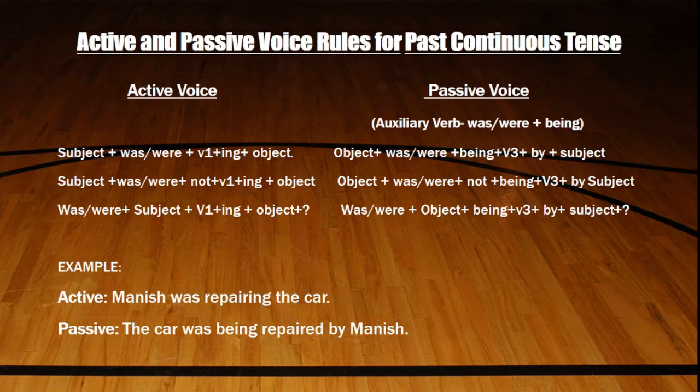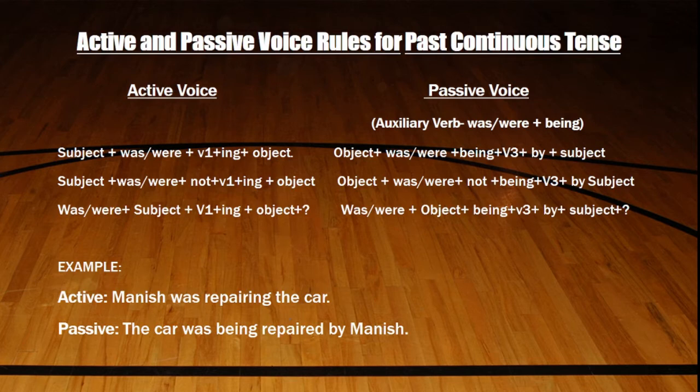In the case of the interrogative sentence for active voice, it becomes like was plus subject with the first verb form with ing to it and then the object. Whereas in the case of the passive voice, it's like was plus object plus being plus the third form of the verb followed by, of course, by and then the subject.